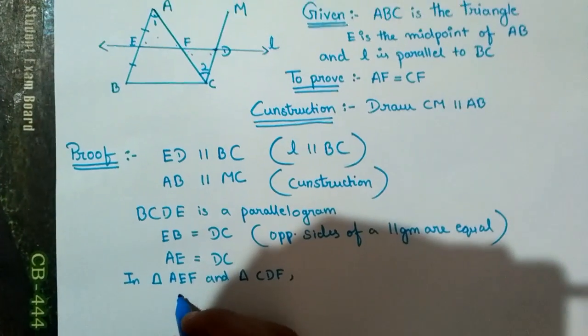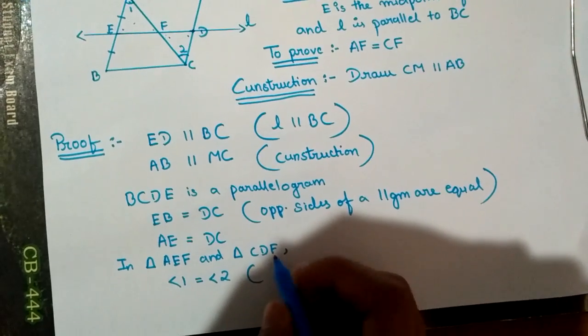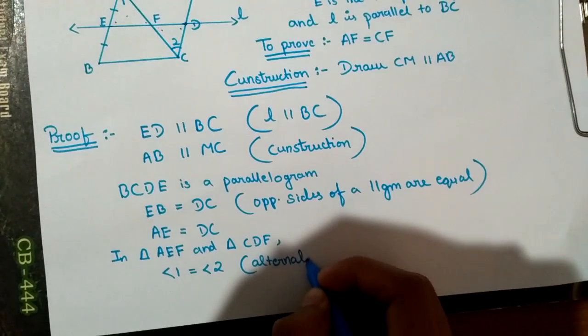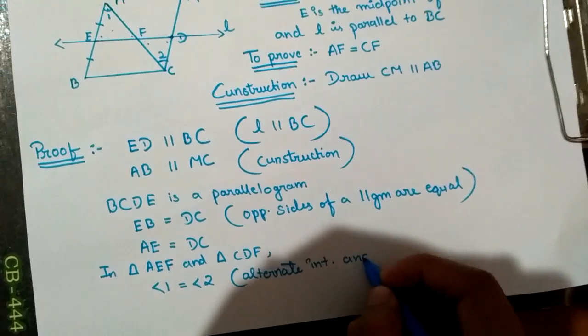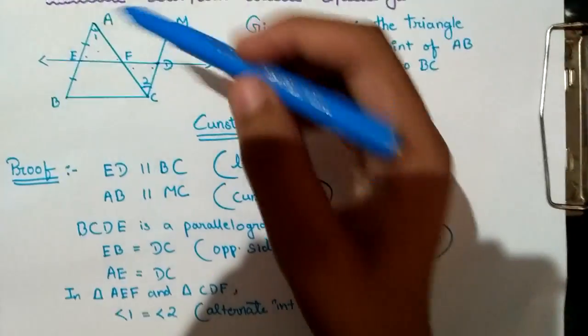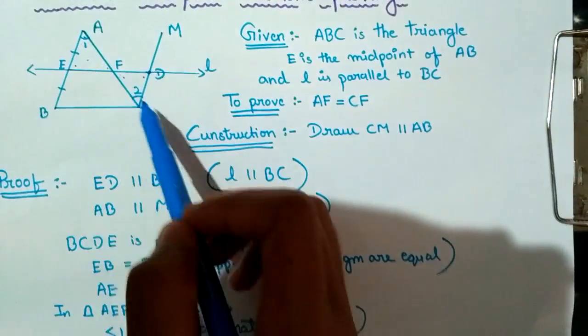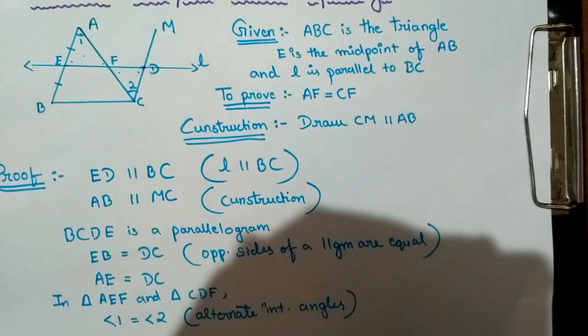I can write here that angle 1 equals angle 2, alternate interior angles, as in the construction I have said that AB is parallel to MC. So these are the alternate interior angles between these two parallels, and AC is the transversal.